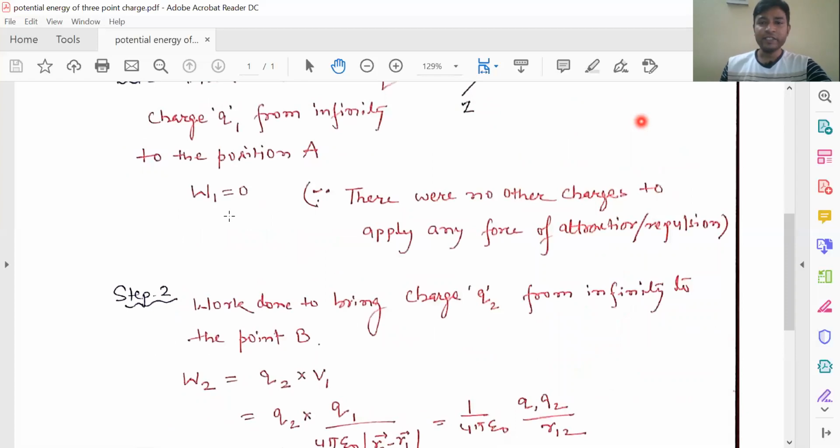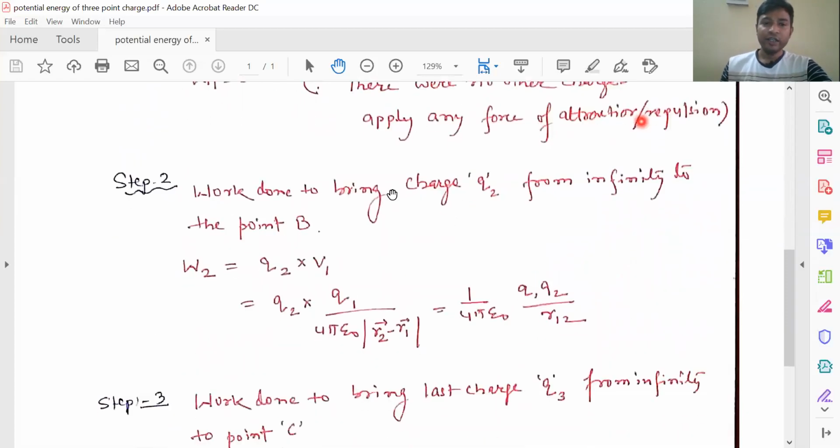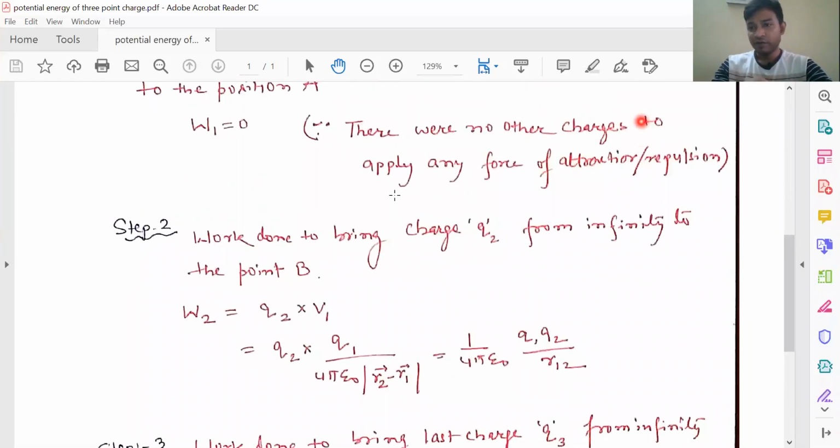Now, that's step 2 actually. Now the second charge is brought. When it is being brought from infinity to the point, the first point charge will apply a force of attraction or repulsion depending on the nature of their charge.